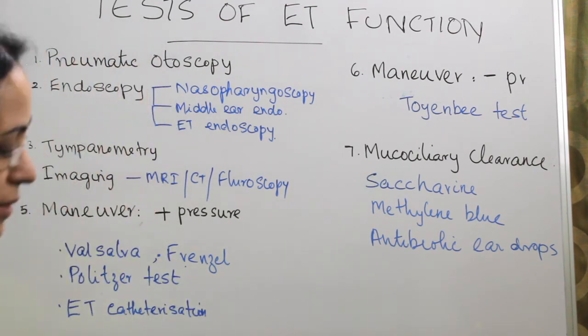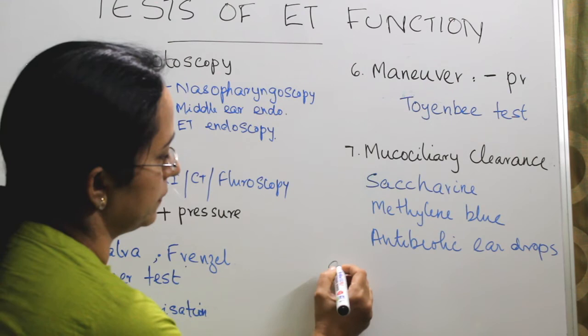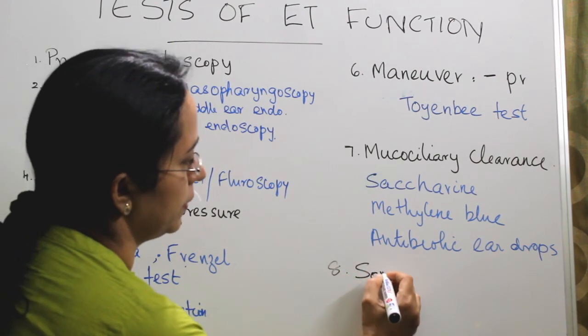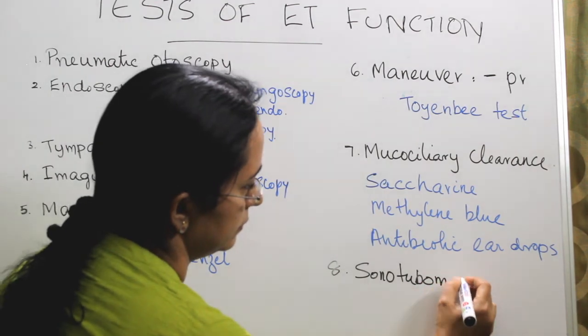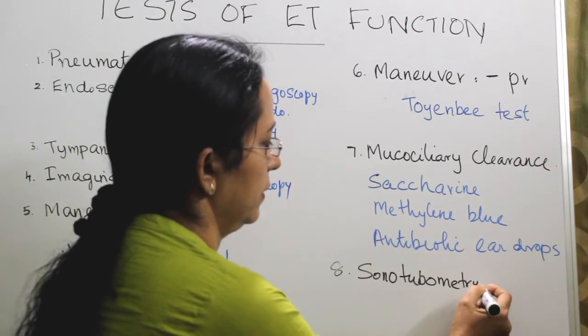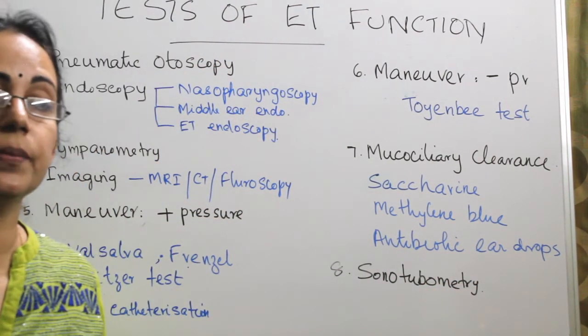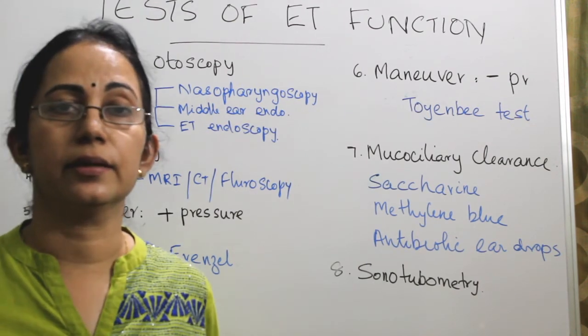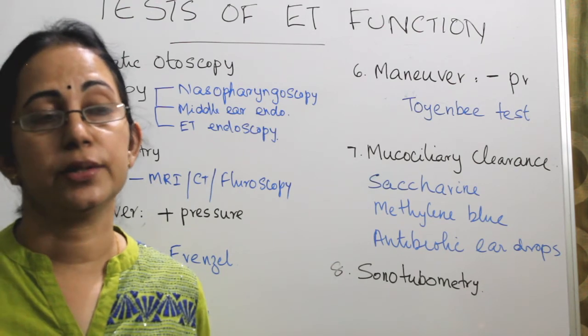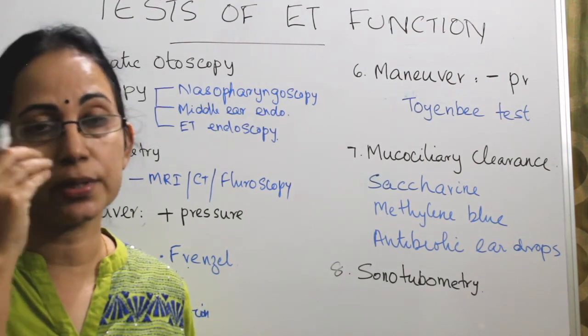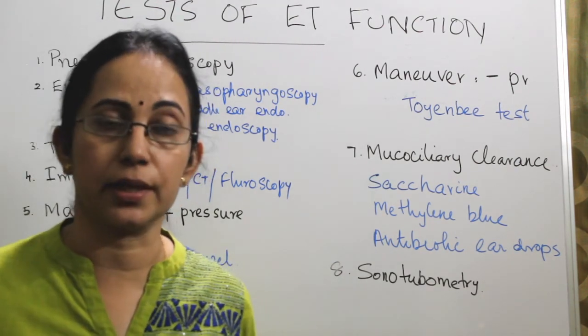And the next test is sonotubometry. So this sonotubometry is a non-invasive technique which gives information on active tubal opening. A tone is delivered into the nose and it is picked up from the external auditory canal.